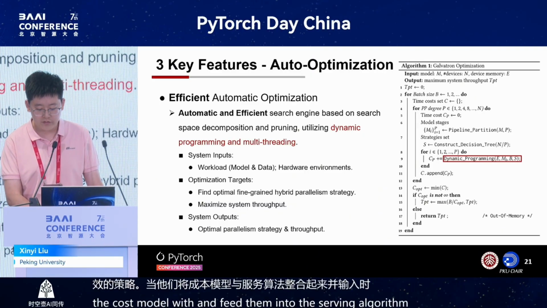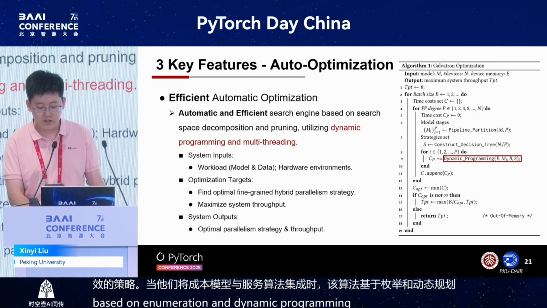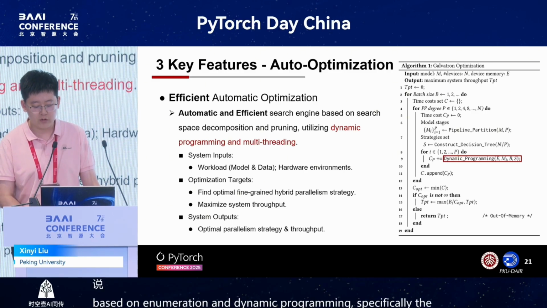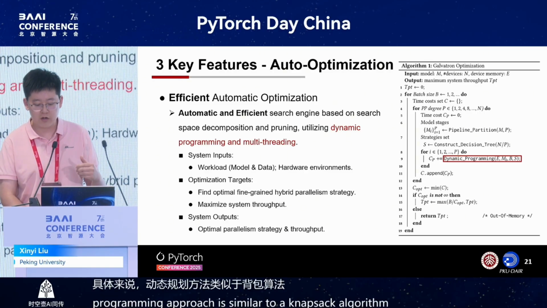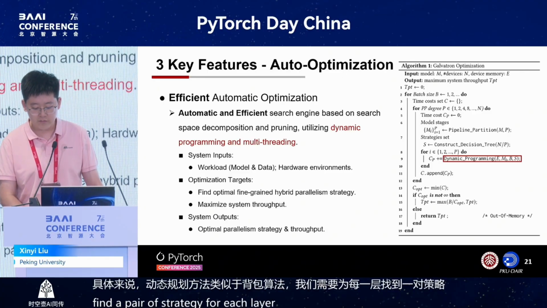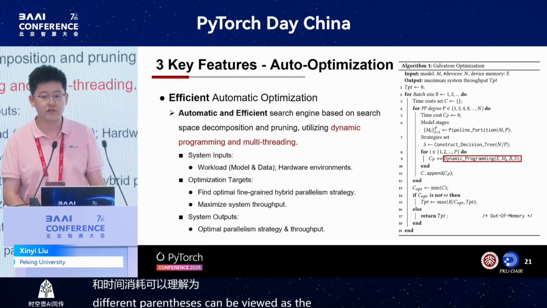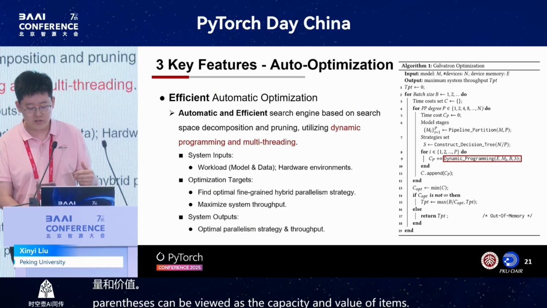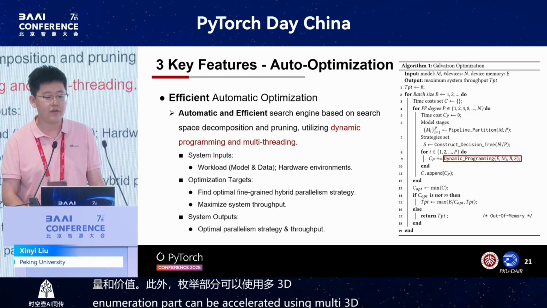This algorithm is based on enumeration and dynamic programming. Specifically, the dynamic programming approach is similar to a knapsack algorithm, where we need to find a parallel strategy for each layer. The memory and time consumption for different parallel strategies can be viewed as the capacity and value of items. Furthermore, the enumeration part can be accelerated using multi-threading, ensuring a rapid resolution.